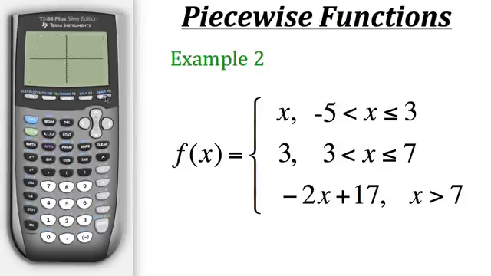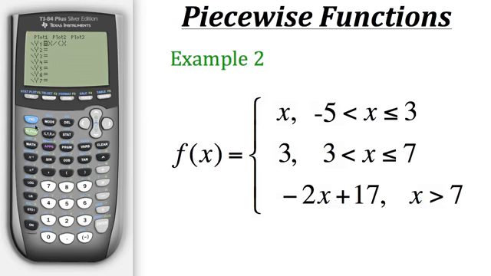But if we graph that, it obviously doesn't work. So we need to do something a little bit different here. So the way we put this into our calculator is we actually have to put in two separate statements at the same time. So first we could put in x is greater than negative 5.